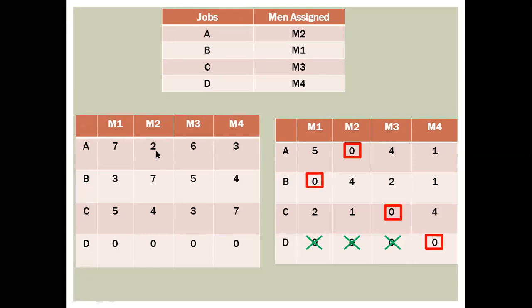The answer will be 2 plus 3 plus 3 plus 0. Your final answer will be 8 hours. This will be the optimum or the best time if you go with the assignment you got with the help of Hungarian method. So I hope you are understanding how to do the sum.